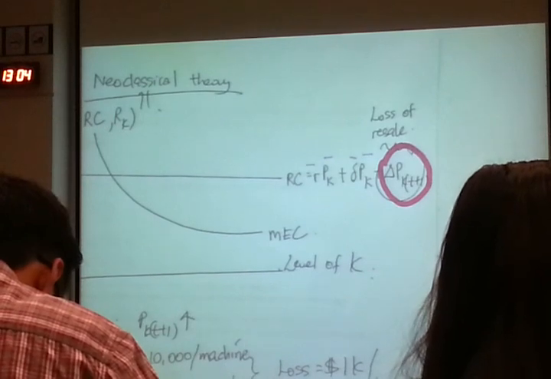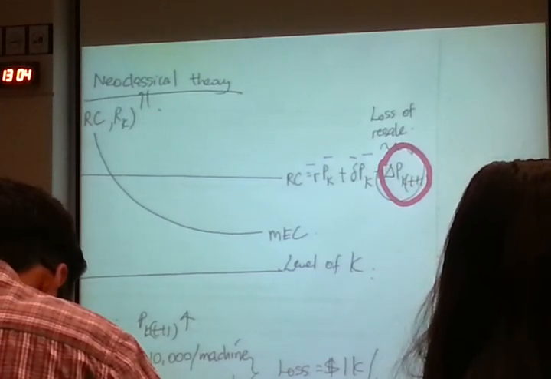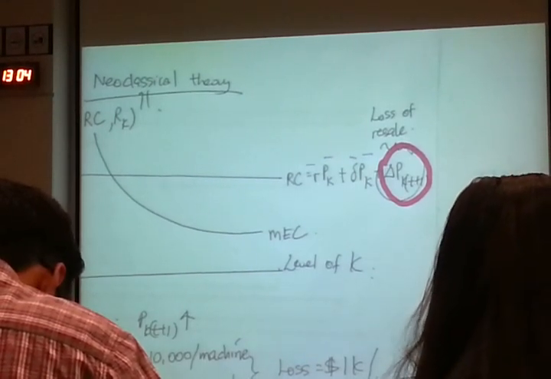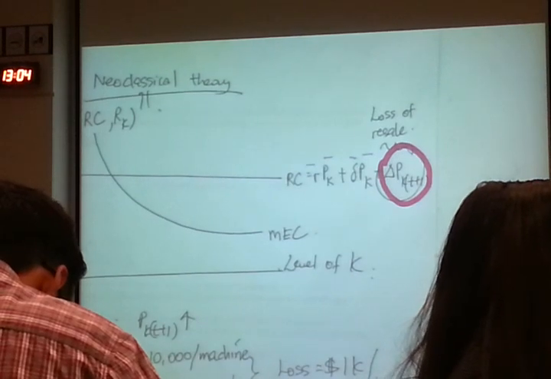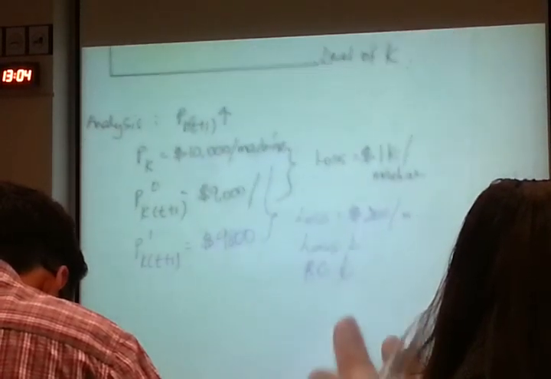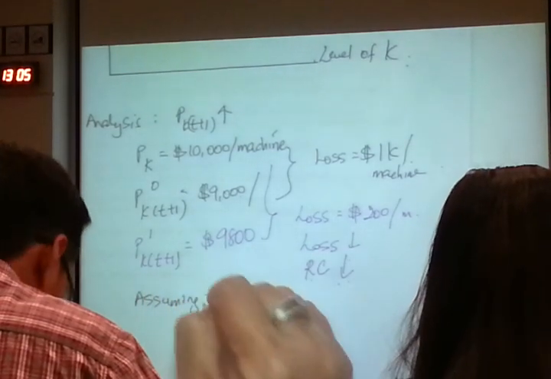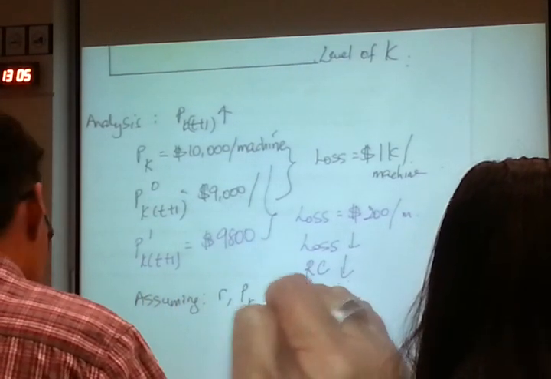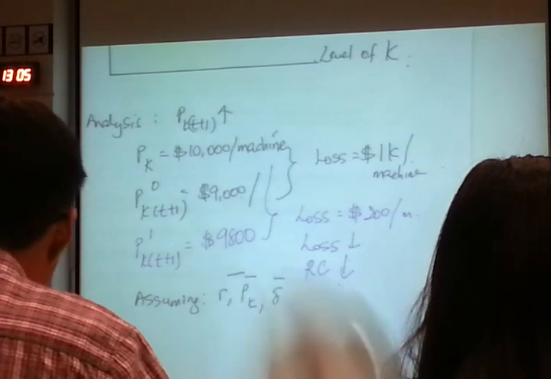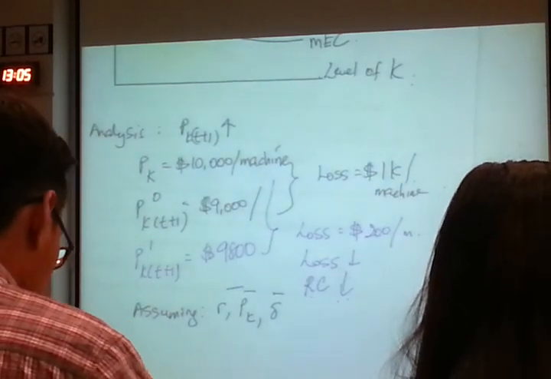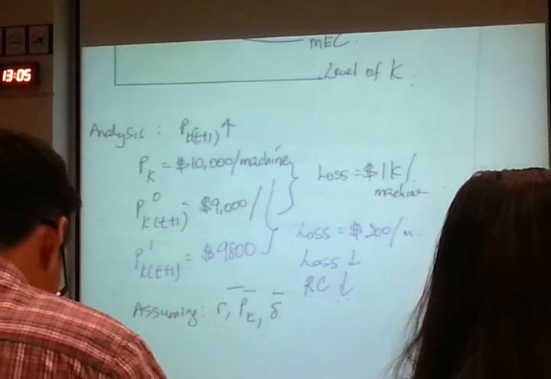With your 6 papers to practice, stop reading exam answers, write your own, fulfill the length, check for assumptions. So RC drops, but assuming your R, your PK, your depreciation to be constant. This is the first basic assumption you make.